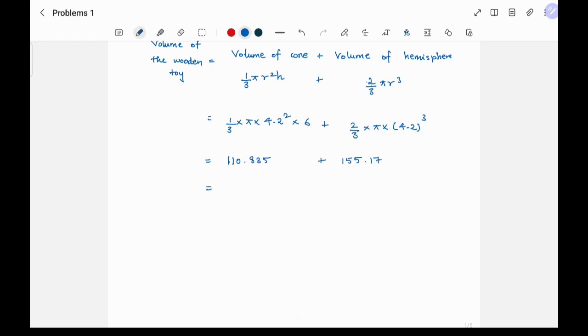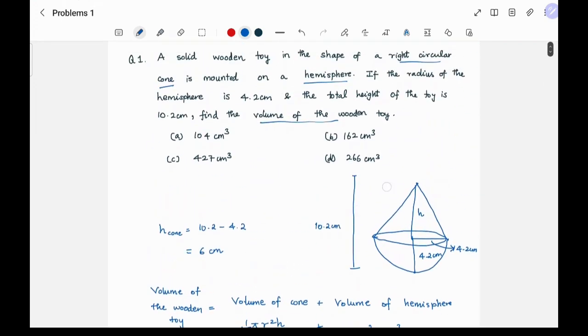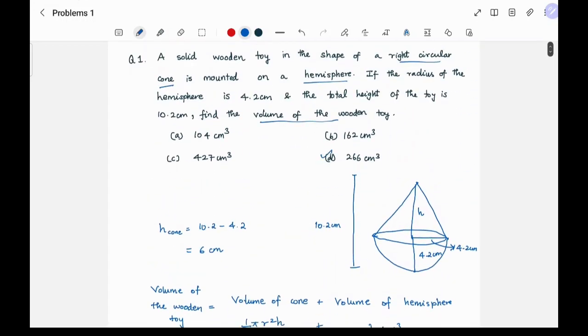So adding these both, we get 266.005, and the unit is centimeter cube because all are in centimeter. So this is the closest one, right? So 266 is the answer.